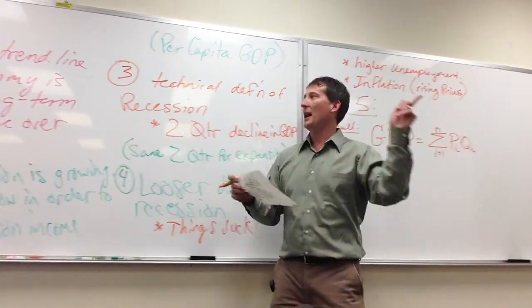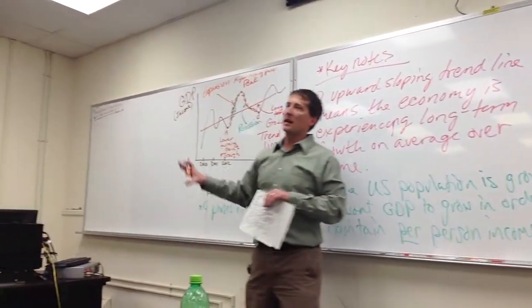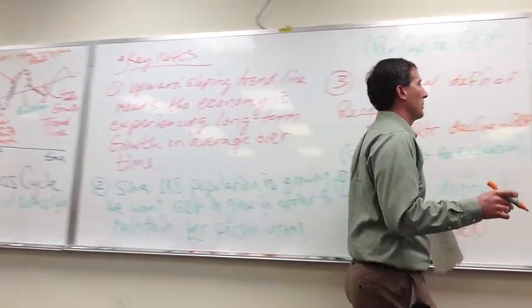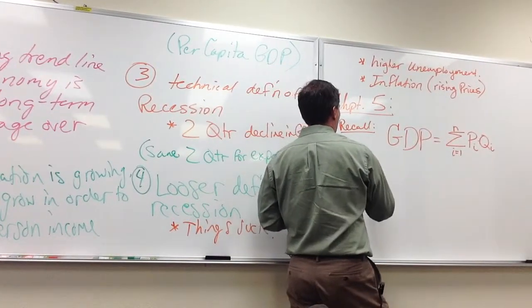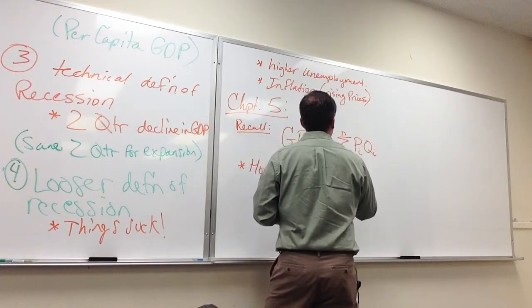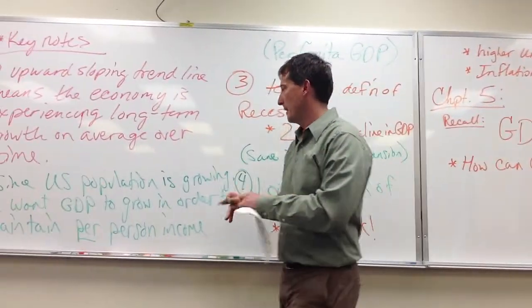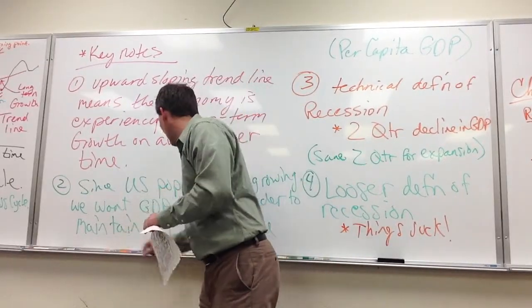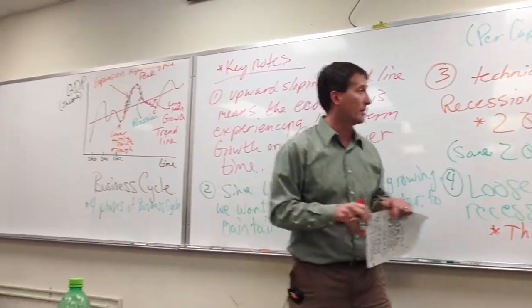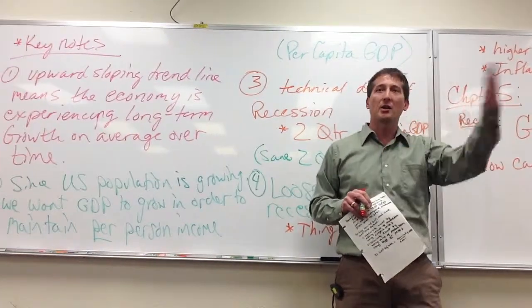Now, connect the dots for me over here. How does GDP go up? So how can GDP increase? More spending. Okay, let's be even a little more specific using this formula. So definitely more spending, more dollars being spent.